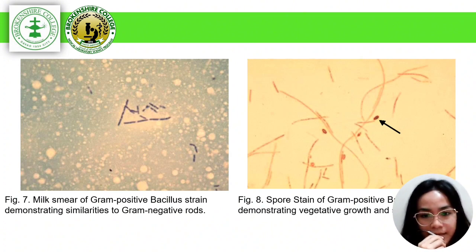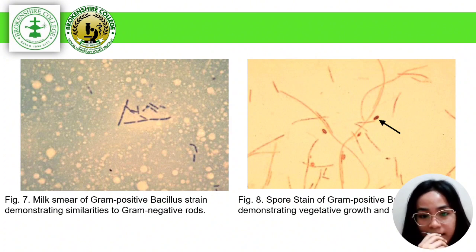Next, figure 7. This figure displays a gram-positive bacillus strain that exhibits similarities to gram-negative rods. This observation suggests the presence of specific bacterial species that should be identified and monitored due to their potential impact on milk quality and safety. Next is figure 8.